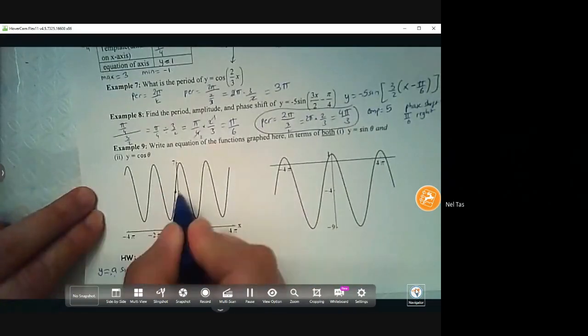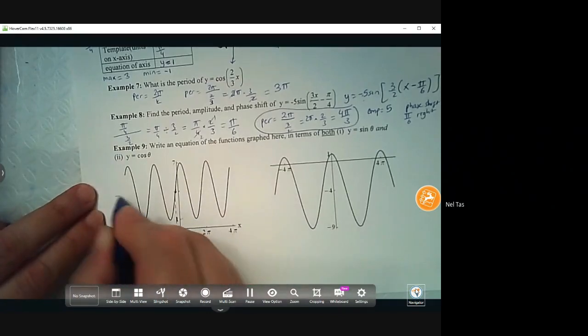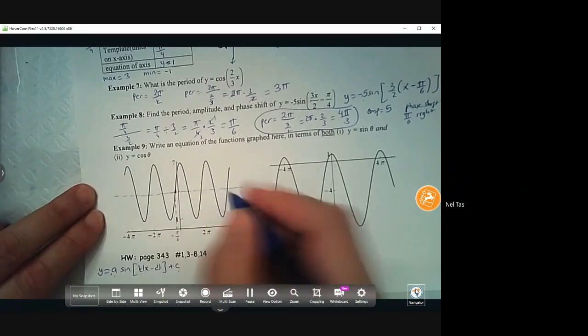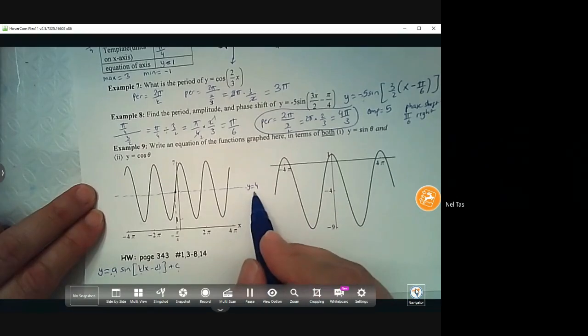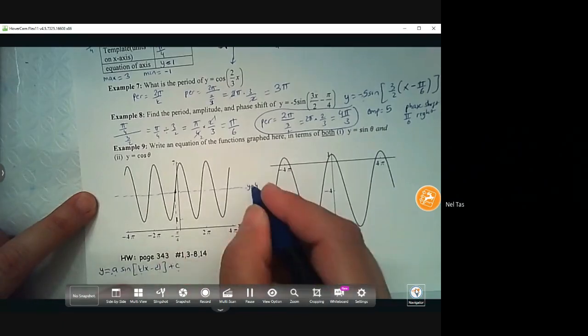As you see, the maximum is 7, the minimum is 1. The line that goes in the middle is the axis, and the equation of that axis looks like y equals 4. That gives you the c value, which is the vertical shift. So c value is 4.